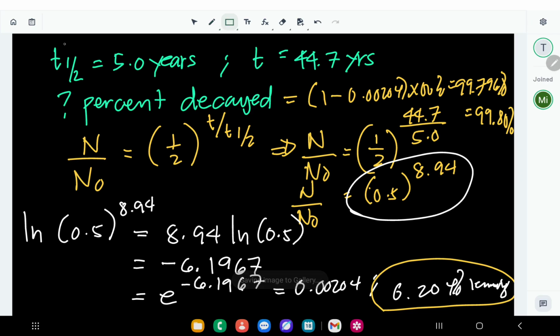Now let's move on to the next problem, if you don't have questions. Okay, we're on number 7. Fe-61 has a half-life. So the half-life of iron-61 is 14.8 minutes.